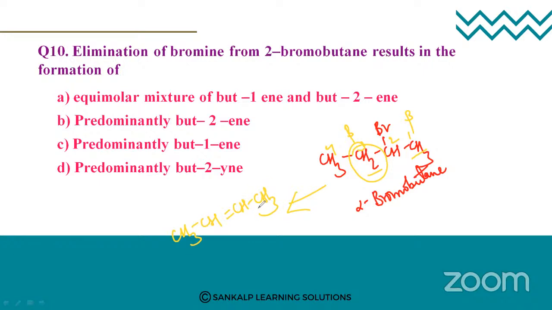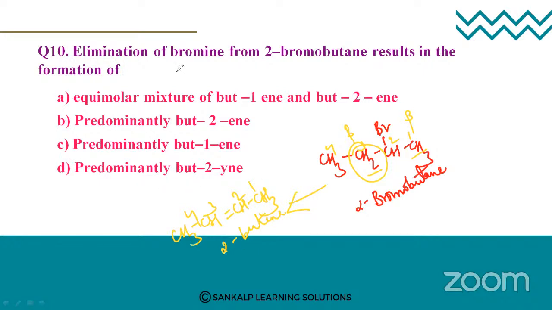So which is the answer? This is 2-butene, and this will be the major product.